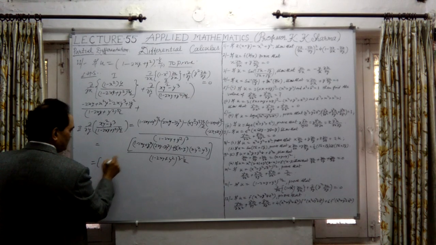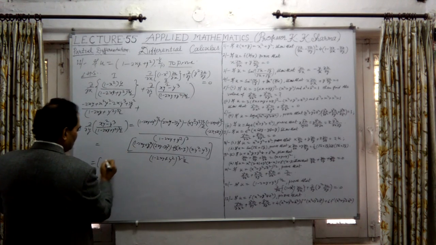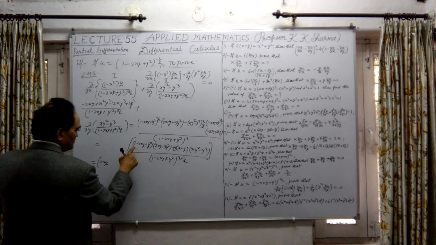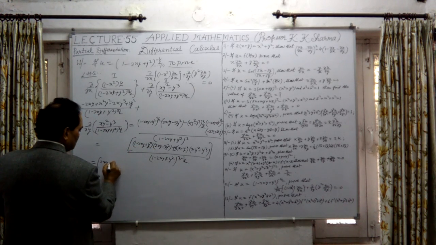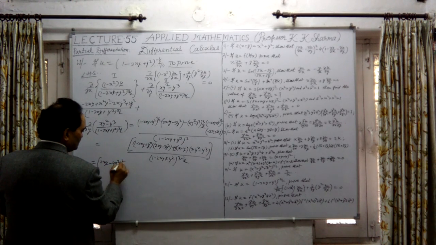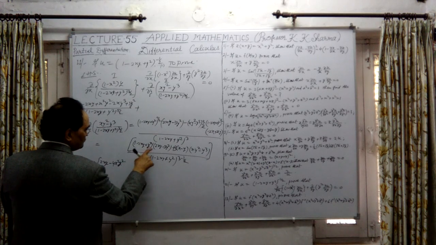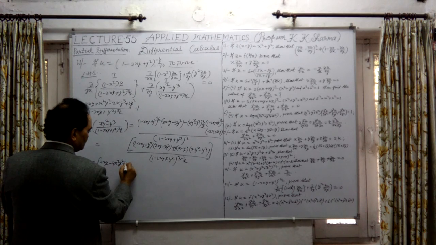Twice xy, positive plus sign, this will be 1 into twice xy. Now twice xy into this is minus 4 x square y square, and twice xy into y square means plus twice x y cube.